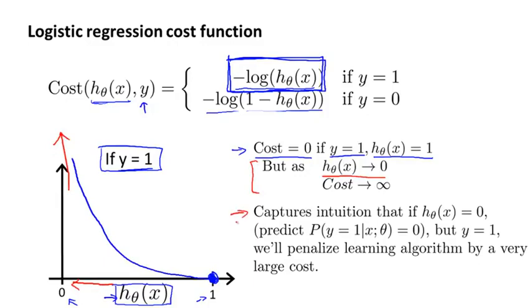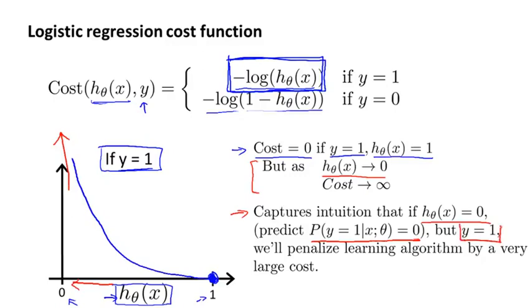And what this does is this captures the intuition that if our hypothesis outputs 0, that's like saying our hypothesis is saying the chance of y equals 1 is equal to 0. It's kind of like going to our medical patient and saying the probability that you have a malignant tumor, the probability that y equals 1, is 0. So it's like absolutely impossible that your tumor is malignant.